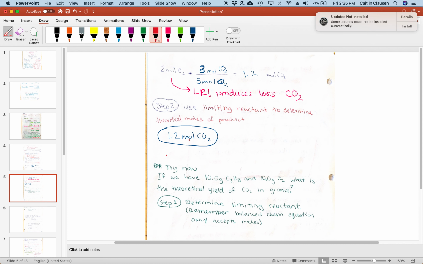Now what if we wanted to determine the grams of product?